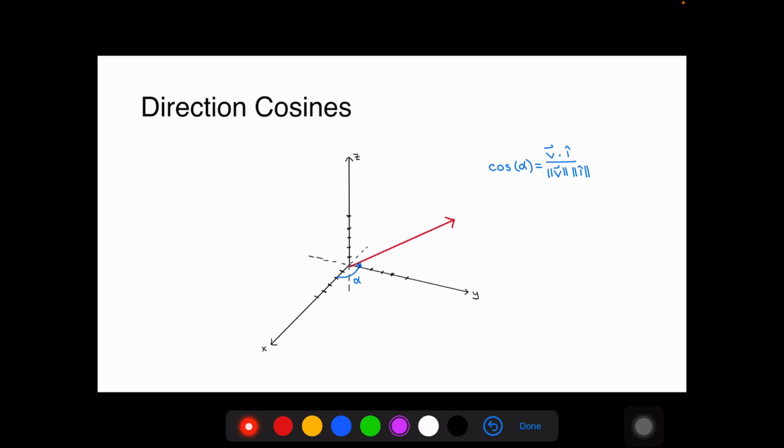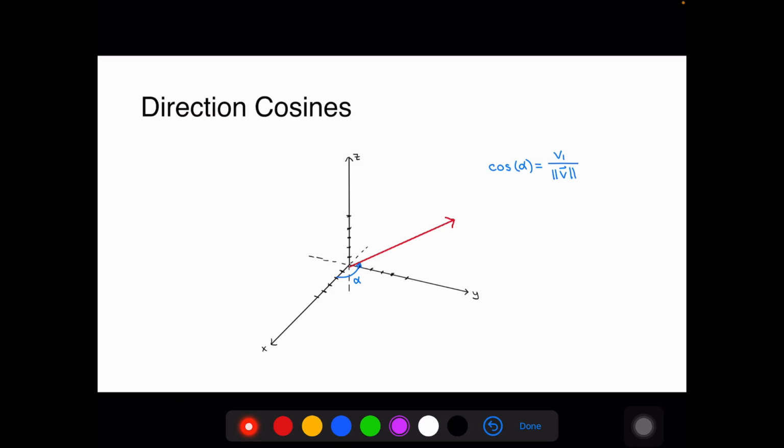Now, because i is a unit vector, its magnitude is just 1, and vector i only has a component in the x direction. So when we take the dot product of v with i, we're actually just going to get the component of v in the x direction. So this is our definition of our first direction cosine. Cosine of angle alpha is our x component, which I'm calling v1, divided by the magnitude of v.